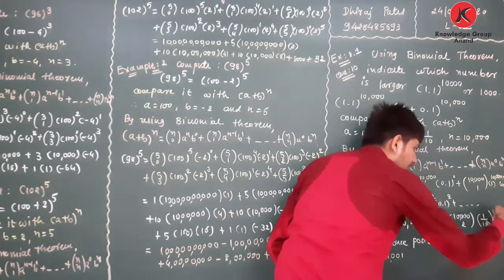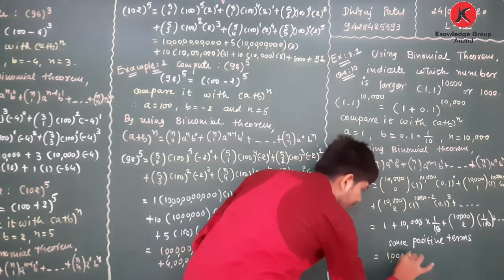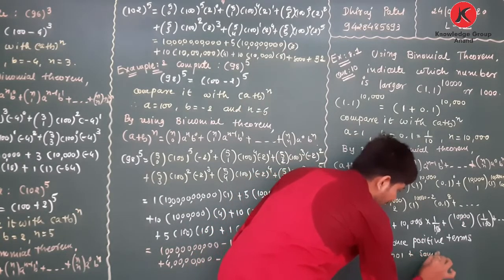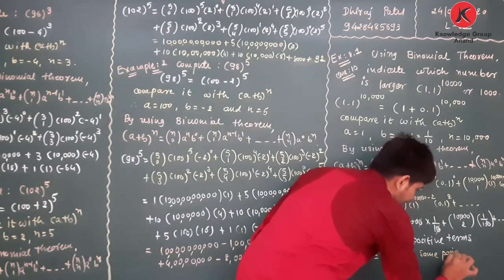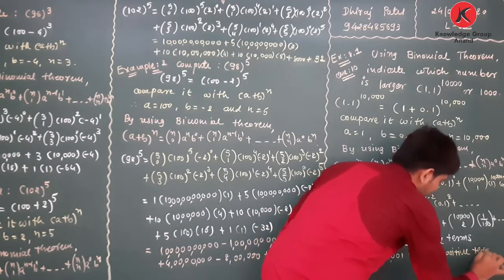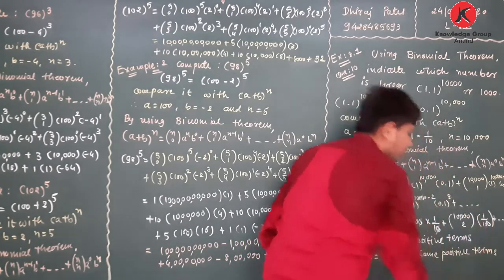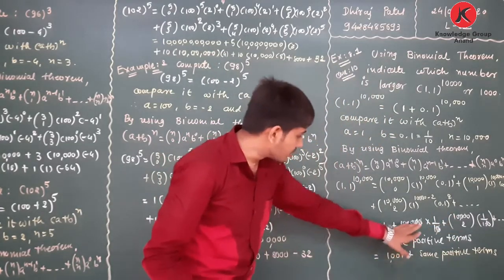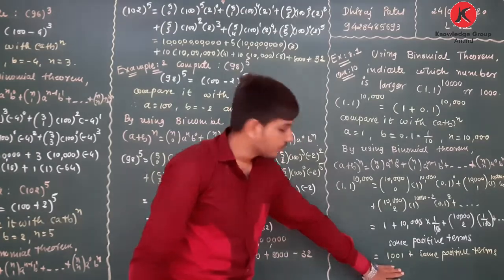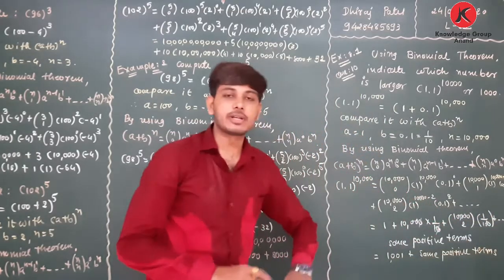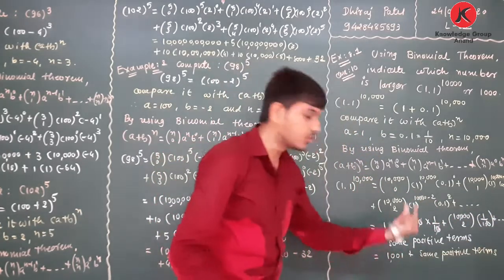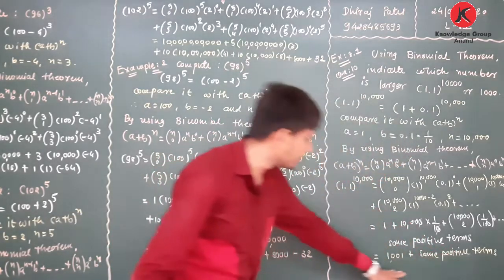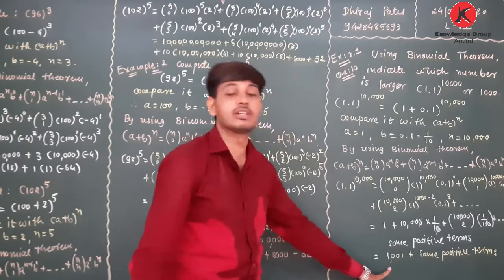हमें इसको कैलकुलेट करने की जरूरत ही नहीं है, हम इसको यहाँ लिख सकते हैं प्लस सम पॉजिटिव टर्म्स. ये भी पॉजिटिव टर्म्स ही होंगी. 1001 यहाँ तक मिल गया. फिर हम देख सकते हैं कि सम पॉजिटिव टर्म्स will be added in this, therefore we are always getting a number greater than 1001.